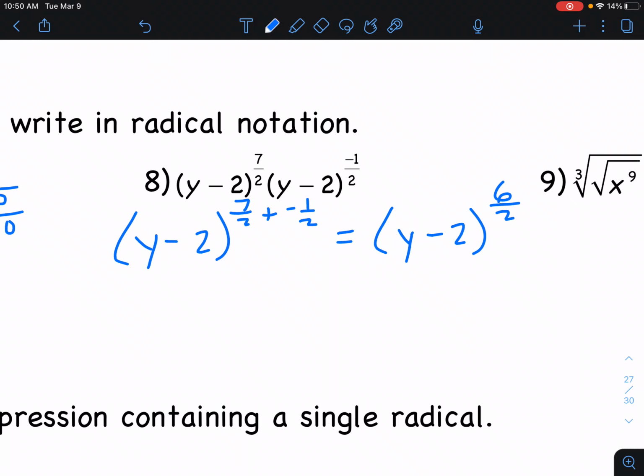It has to be a 2 or more to be turned into a radical. So 2 on the denominator is just a square root with the invisible 2. And then in the radical, y minus 2, and then to the power of 6. Make sure you put the power of 6 outside of the parentheses there.